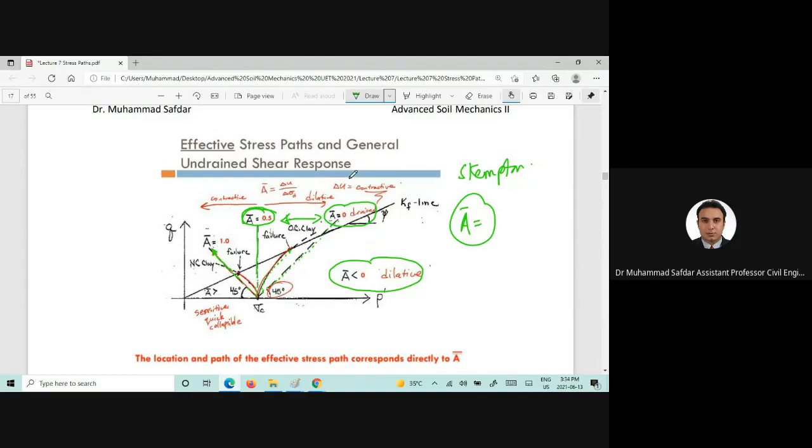and the discussion on the delta U and the contractive soil or the dilative soil is also presented here.